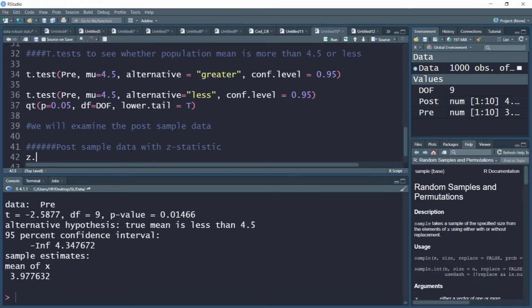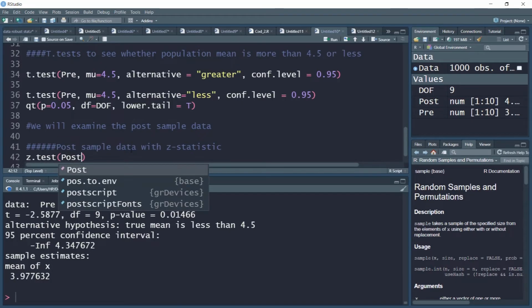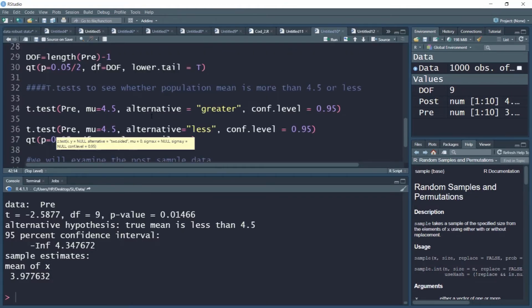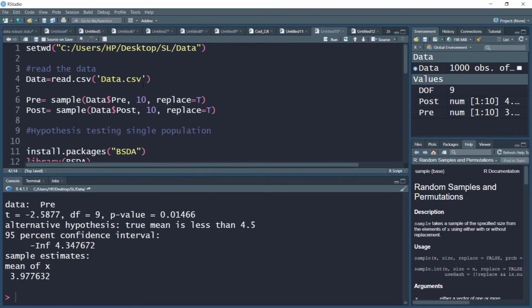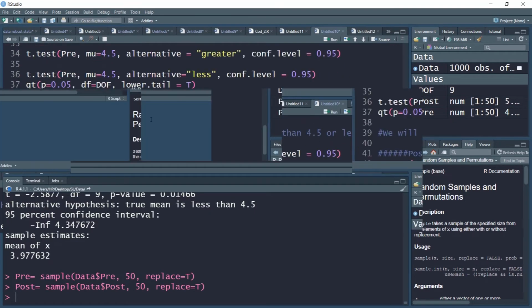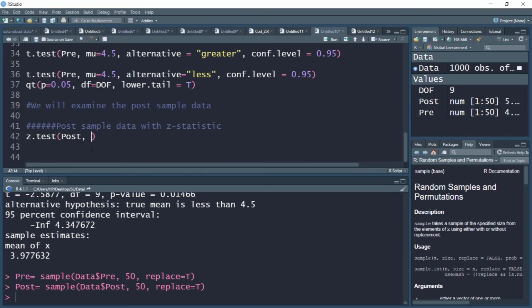Similar to before, we'll use z.test. We'll supply our post data, which is the post sample data extracted from our previous 1000 observations. We'll extract 50 observations, and then we'll put a mean of 4.5.